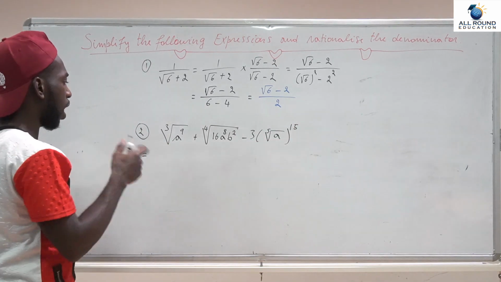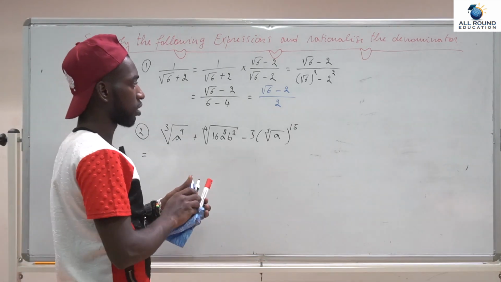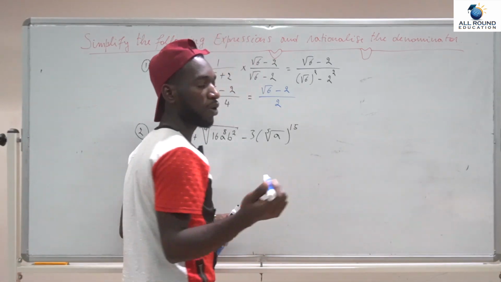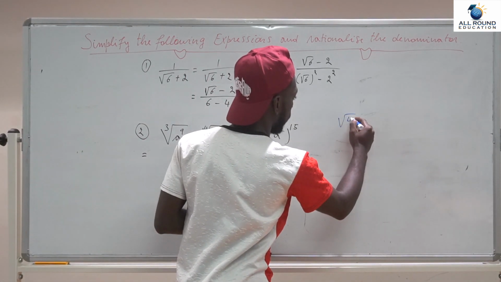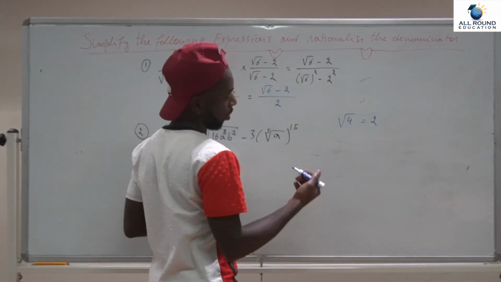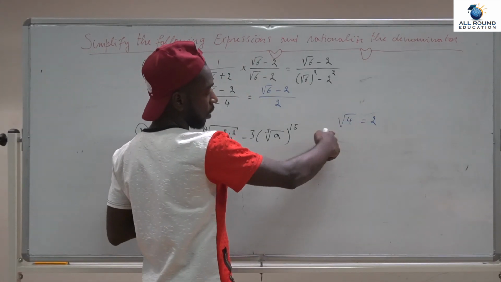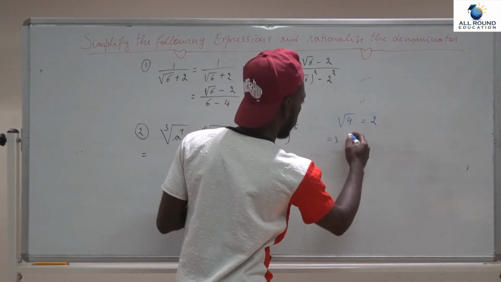So now with this one, remember, the reason why we call it square root is because it's 2. So when they write root 4 equals 2, why is this correct? That could be explained by doing this.